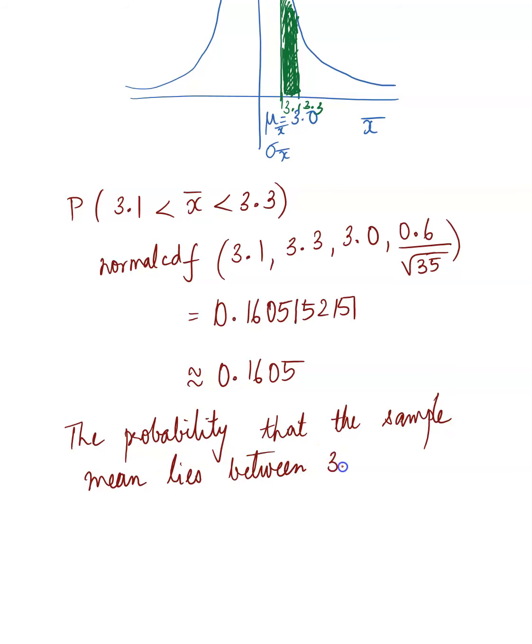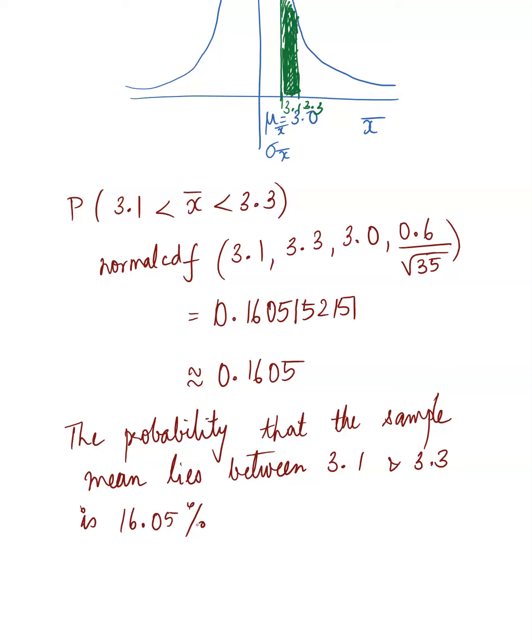So there is a 16.05% chance that for a sample of 35 GPA scores, the sample mean will lie between 3.1 and 3.3.